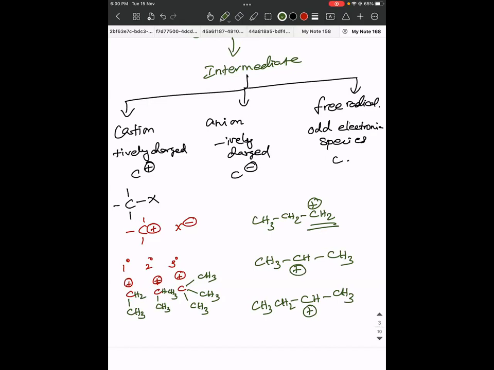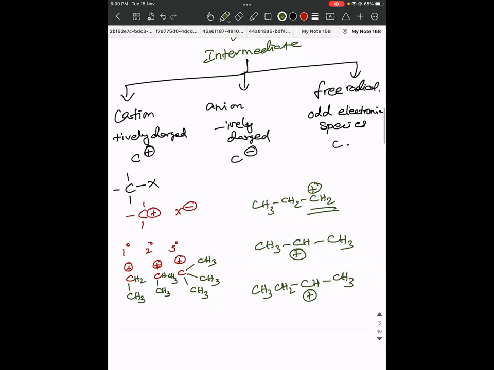The point is the carbon with positive charge. How many carbons is it attached to? How many hydrogens are there? If it contains two hydrogen or three hydrogen on the positively charged carbon, then it is a primary. If it contains one hydrogen, secondary. No hydrogen, tertiary. Likewise, amines.